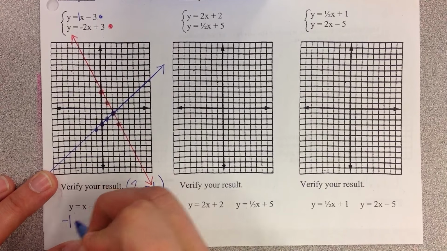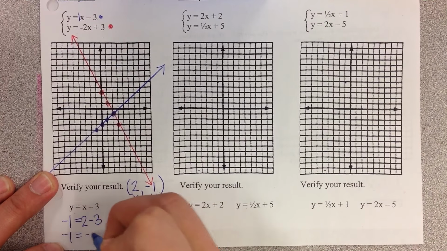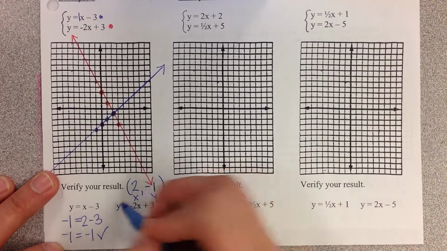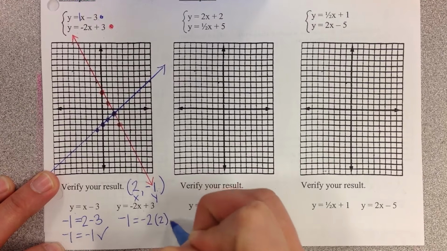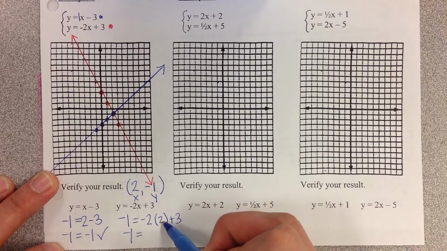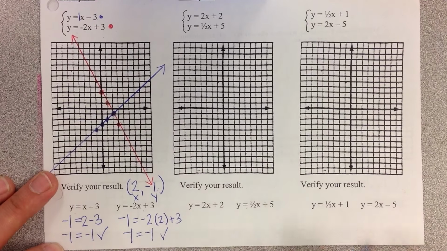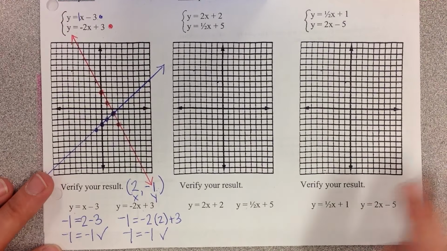Here -1 is equal to 2 minus 3, which absolutely equals each other. Also, taking this point, -1 is equal to -2 times 2 plus 3. -2 times 2 is -4, and -4 plus 3 is also -1. Now we have verified using our algebra that this point is on the line.